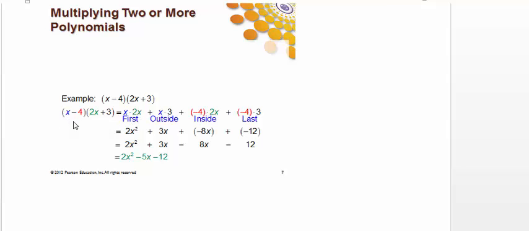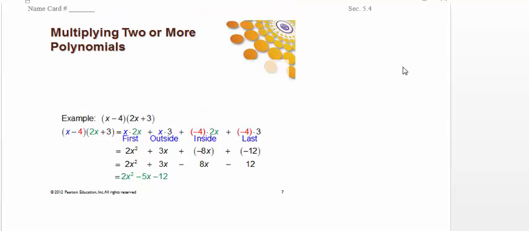I add to that x times 3. Negative 4 gets multiplied by 2x. I add to that negative 4 times 3. I carry out the products. I combine like terms, and I wind up with 2x^2 minus 5x minus 12. So we'll look at this in more detail on the worksheet.